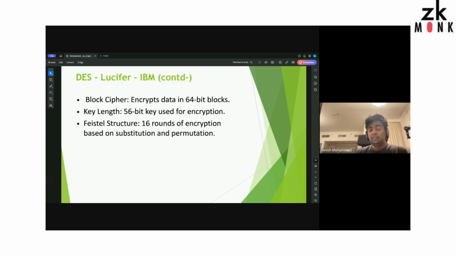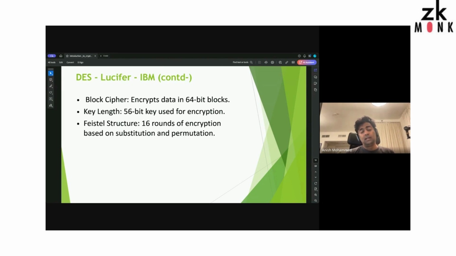The initial version was pretty much 128-bit encryption. It goes to NIST, NIST comes back, and effectively they reduce the key size to 56 bits, with 8 bits as checksum. So it takes 64-bit blocks with 56-bit key strength.